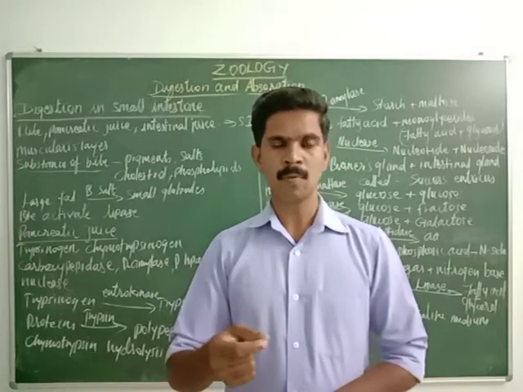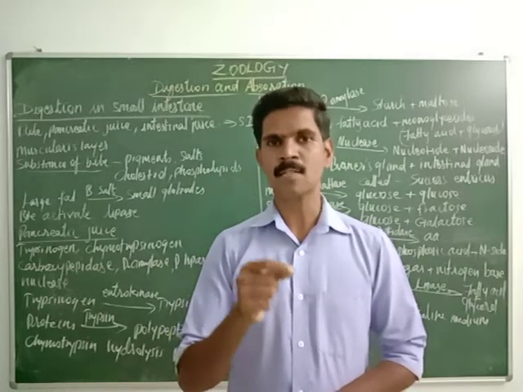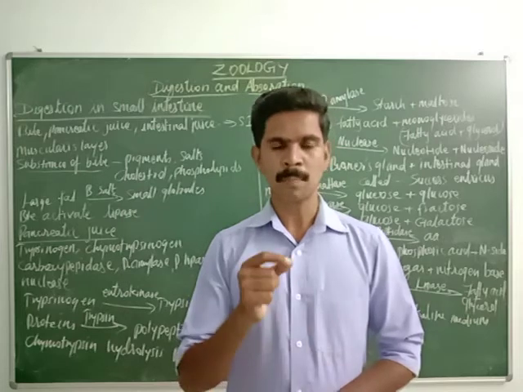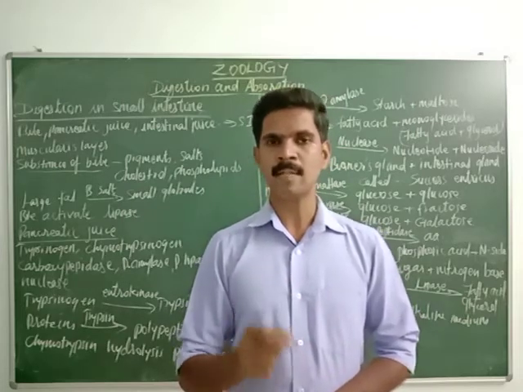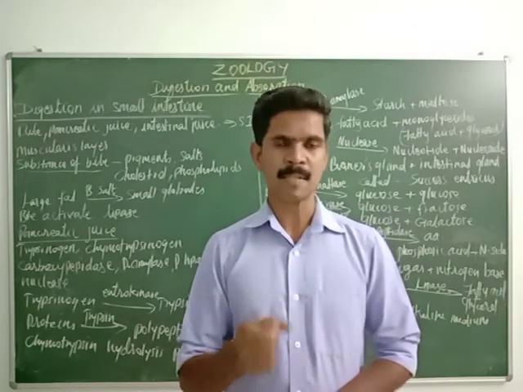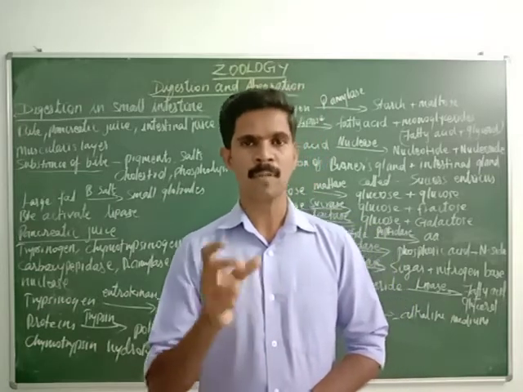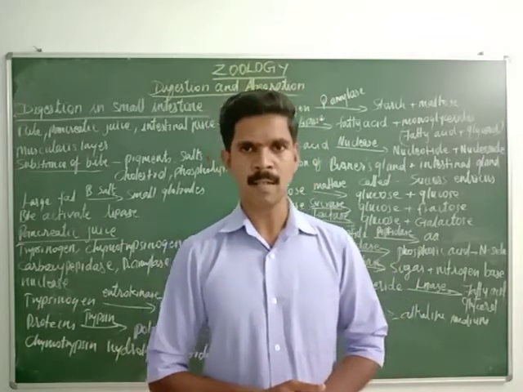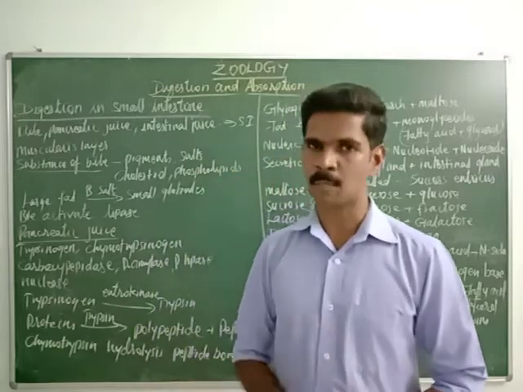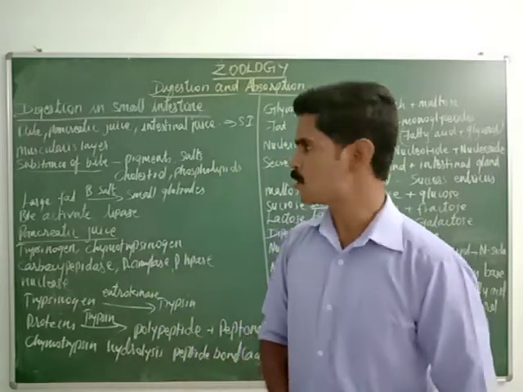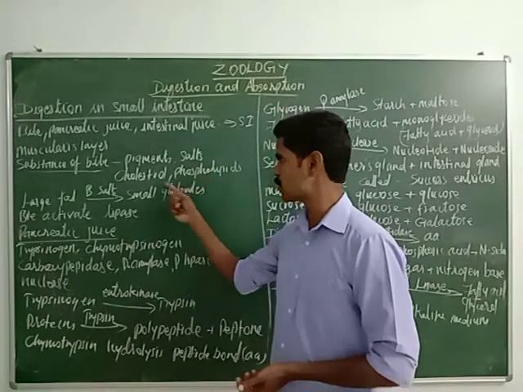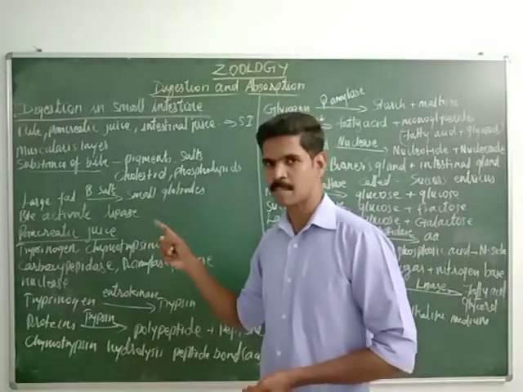So these hemoglobin molecules release these 2 pigments. Bilirubin and biliverdin are the bile pigments present in the bile, but they are the breakdown product of the hemoglobin molecule.